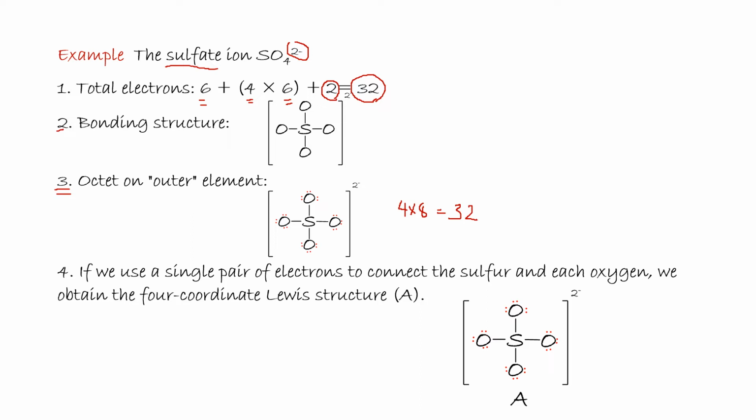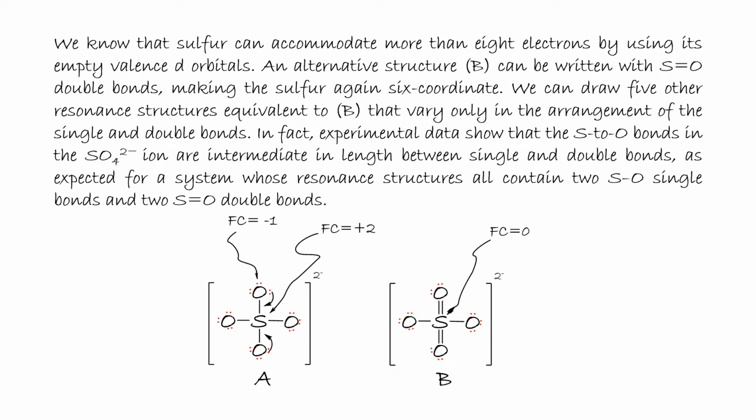The oxygen has 8 electrons, sulfur has 8 electrons, so at first look, we say, okay, that's right, but it is not. Why? Because we have to do the formal charge.